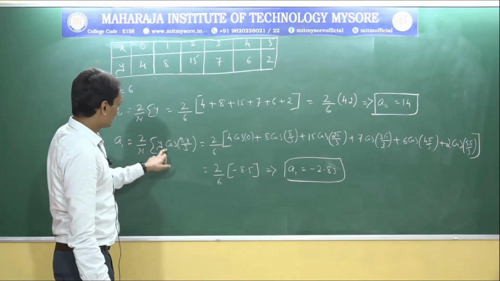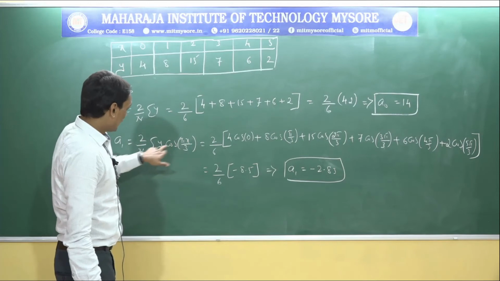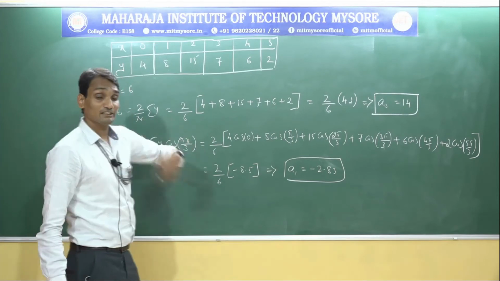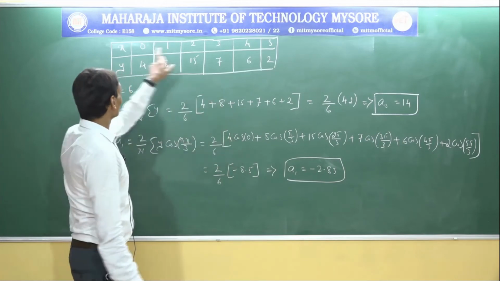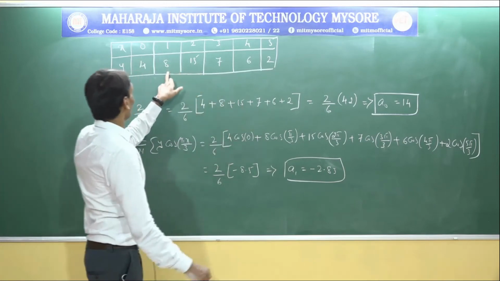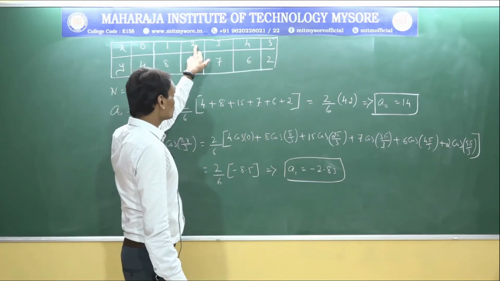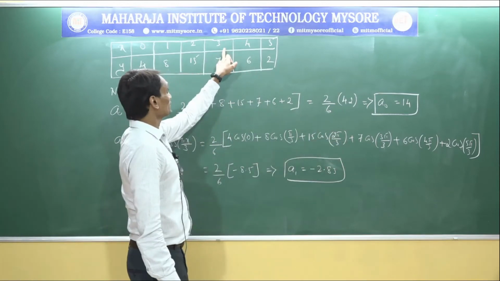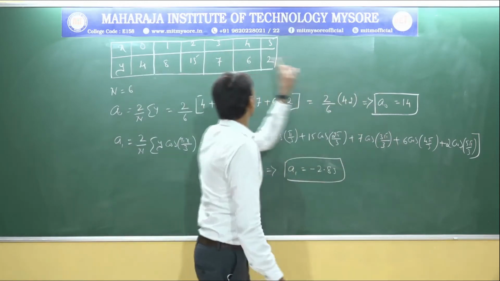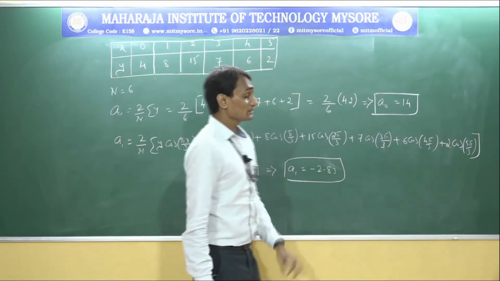The first term is 4 into cos 0 plus 8 into cos pi by 3 plus 15 into cos 2 pi by 3 plus 7 into cos 3 pi by 3 plus 6 into cos 4 pi by 3 plus 2 into cos 5 pi by 3.